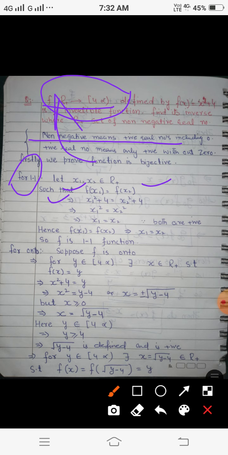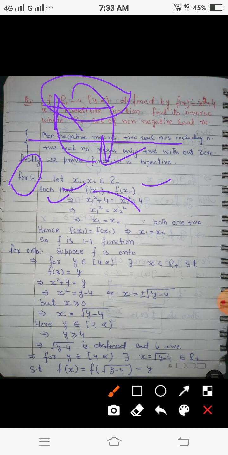Now if we take roots on both sides, x1 = ± x2, that is, either x1 is x2 or x1 is minus x2. But the given domain is positive, so there are no negative numbers, which means we have to cancel the negative sign.